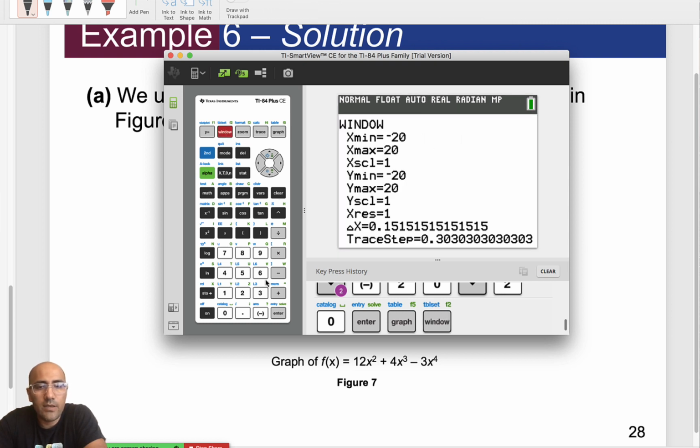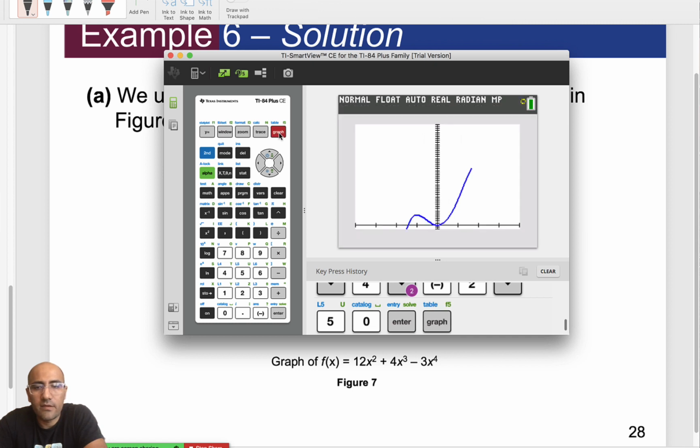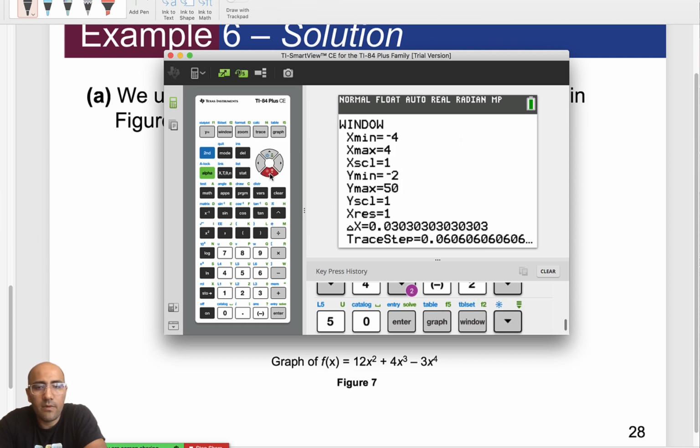Going back to my window, let's change this from negative 4 to positive 4, and negative, I don't know, 2 to positive 50. Graph. Okay, so now it looks a little better. Now I want to find this thing, right? From my graph, I could tell I'm uncomfortable with this being so little, so let's change my y minimum to be a little bit bigger.